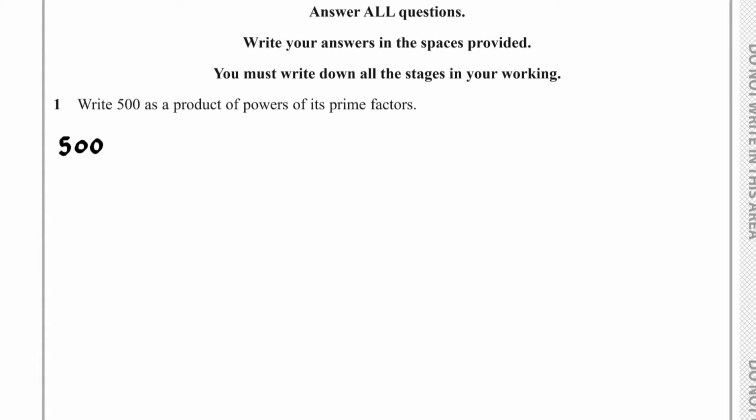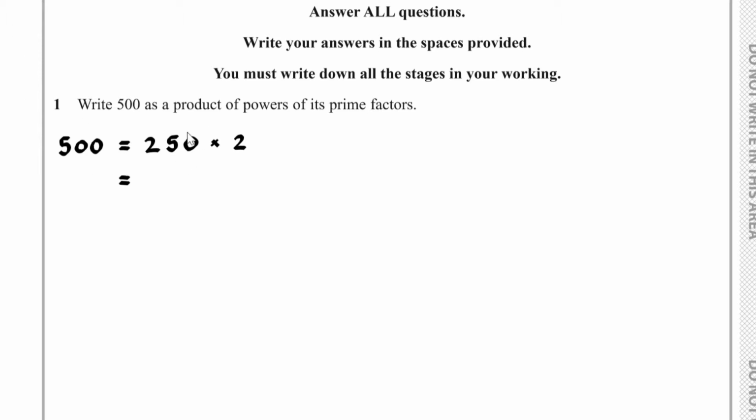So we begin with this 500. Now this 500 we can split up as 250 multiplied by 2. 2 is a prime number, 250 is not a prime number, so the 250 we can further split up.